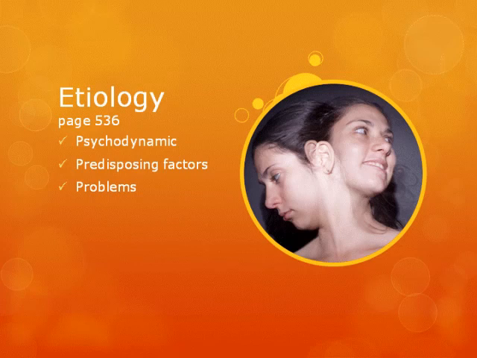Let's look under the predisposing factors. We certainly know that there's a high degree of heritability with bipolar disorder. If you have a first-degree relative who had a bipolar disorder, you're much more vulnerable than someone in the general population.